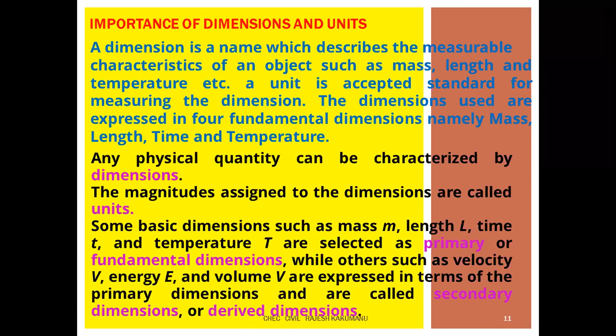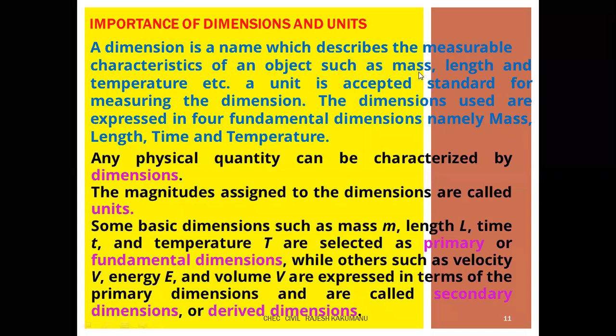So a physical object can be measured. A physical object which can be measured is definitely having some dimensions. Okay. Here, a dimension is a name which describes the measurable characteristics of an object such as length, mass, temperature or time. Okay. So it is a measurable character. Measurable characters are a dimension.